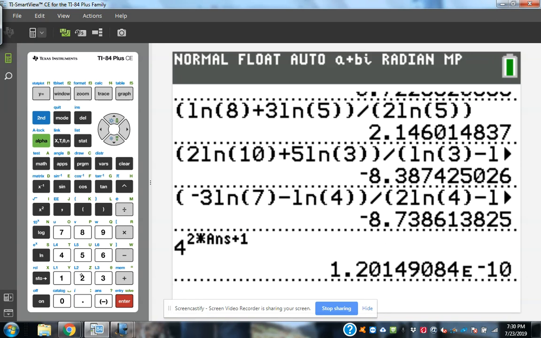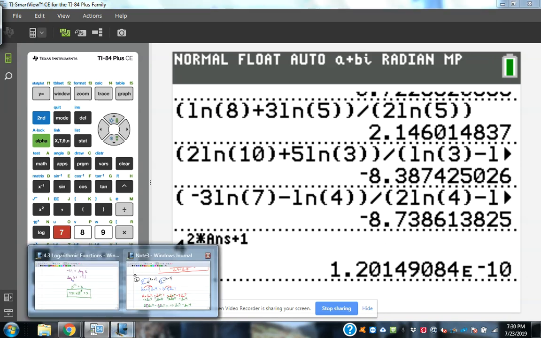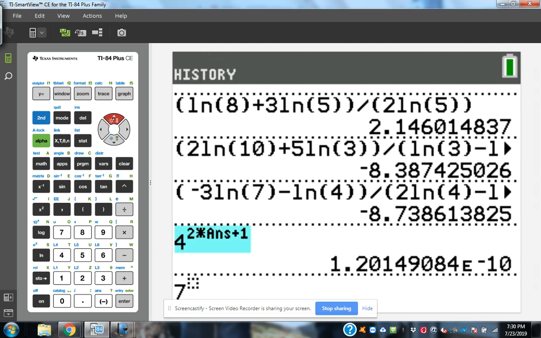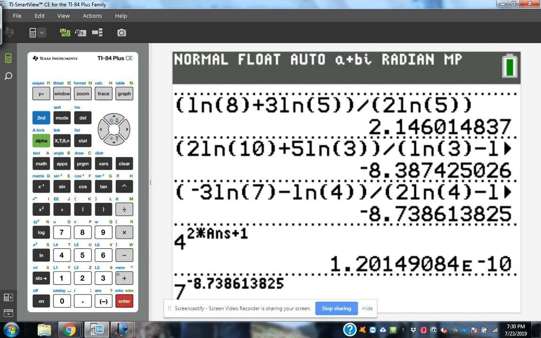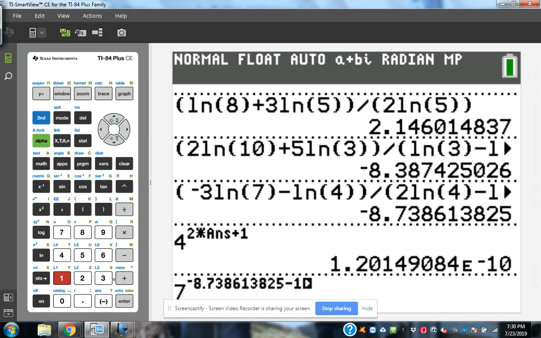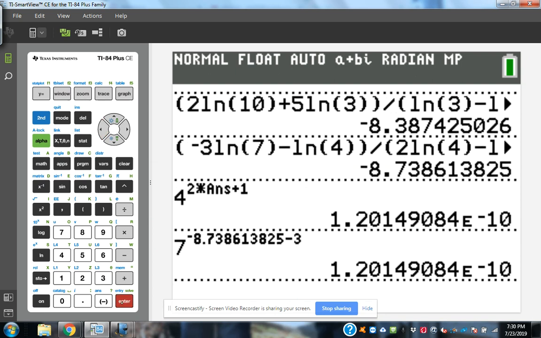And then I did 7 raised to that minus, okay, 7 raised to that minus 3, not 1, sorry. See, I get the same decimal on each side. And so I've checked that solution.